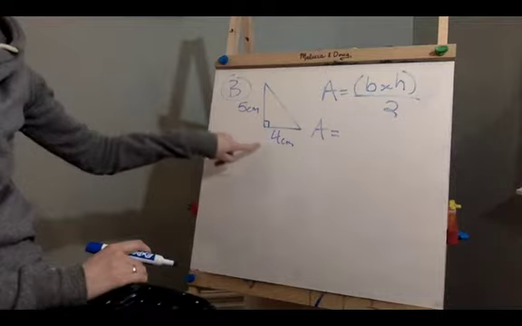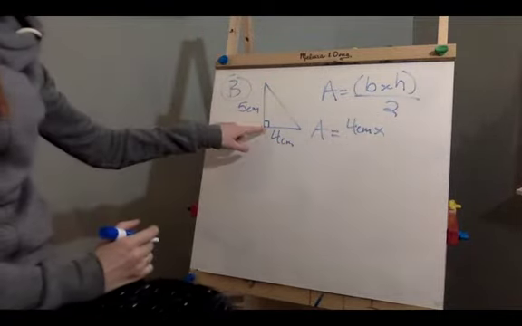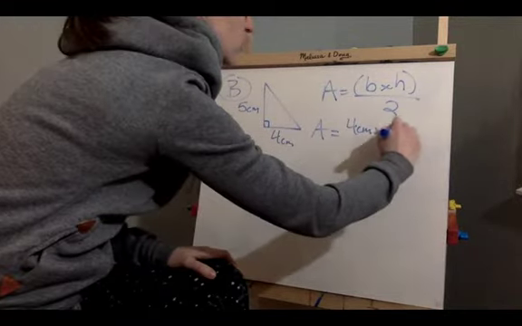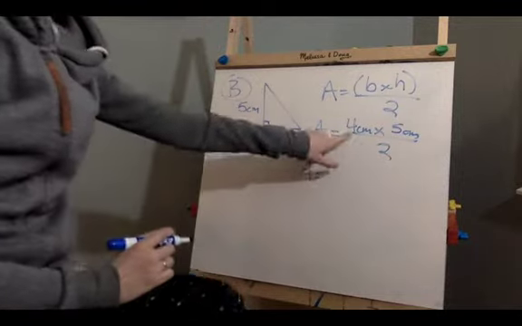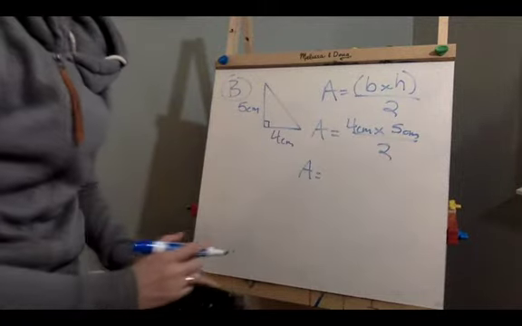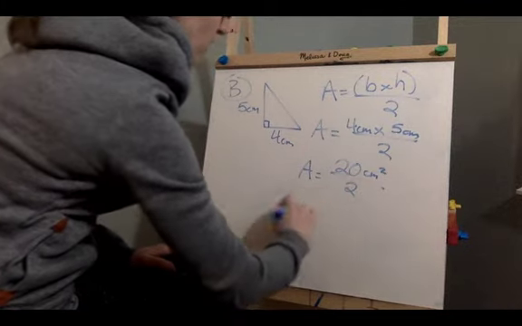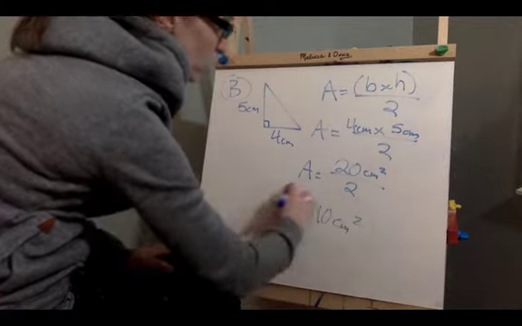So the base is 4 centimeters. The height, where it meets the base with the right angle, is 5 centimeters. And then we're dividing that by 2. All right, so your 4 centimeters times your 5 centimeters is going to give you 20 centimeters squared. And then you're cutting that in half, so your area is just going to be 10 centimeters squared for that second triangle.